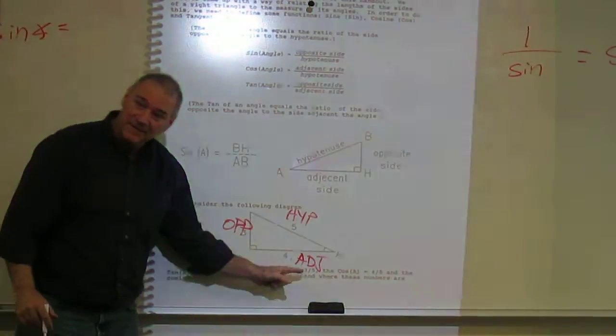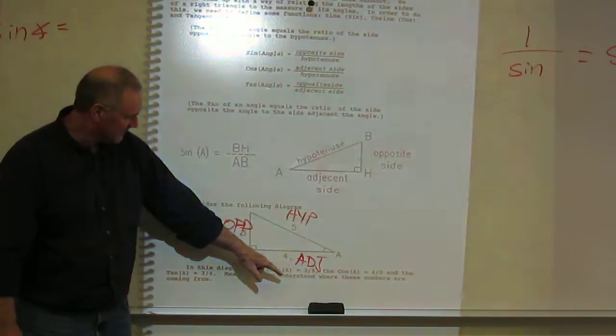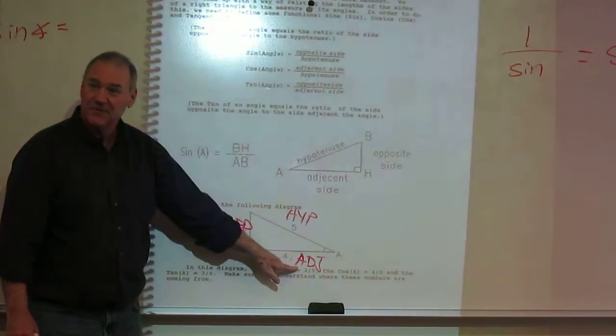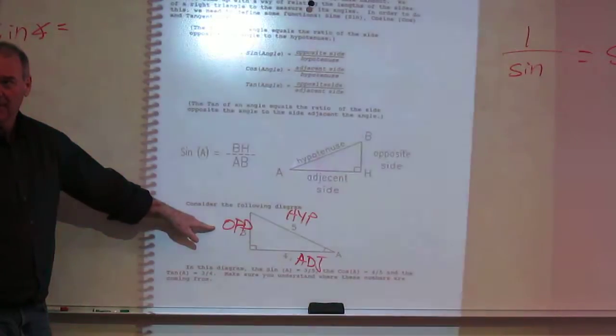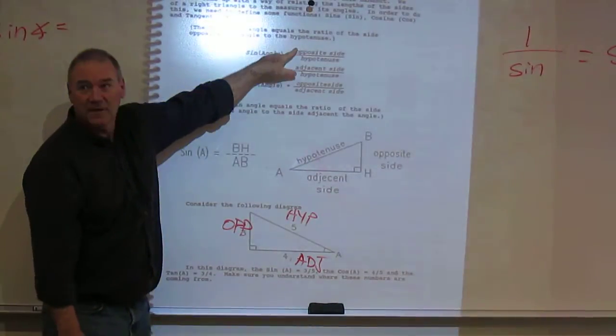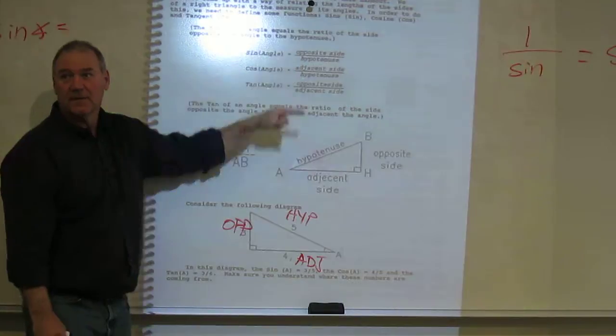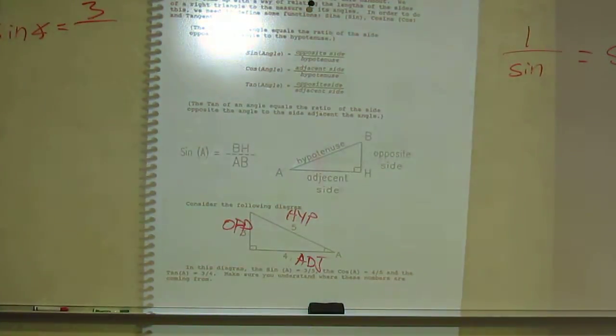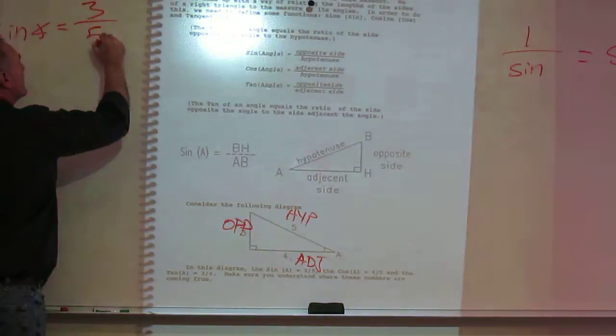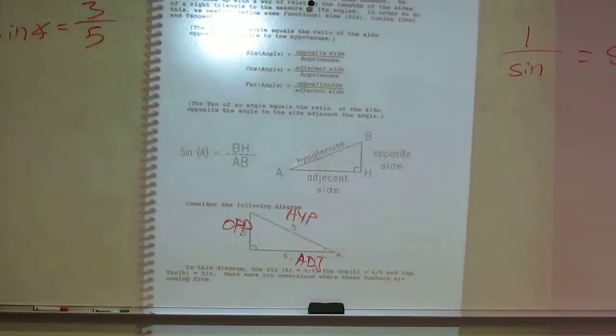I labeled the sides. I don't know if you can see them through Amanda's screen. That's labeled the adjacent side. That's labeled the opposite side. Plug in your numbers right here. What's my opposite side? You can see a 3? Okay. What's my hypotenuse? 5. Okay. Let's convert this to a number and rewrite this.